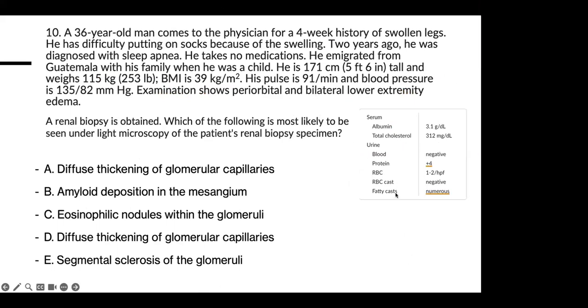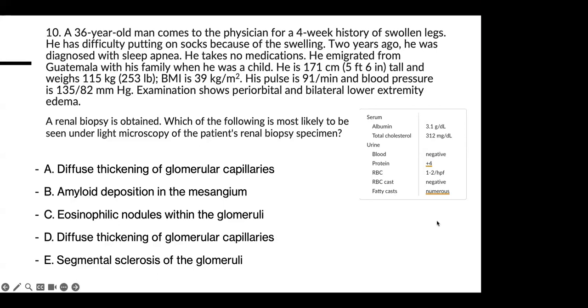A 36-year-old man comes to the physician with a 4-week history of swollen legs. He has difficulty putting on socks because of swelling. 2 years ago, he was diagnosed with sleep apnea. Takes no meds. He came from Guatemala, and he's 171 centimeters, 115 kilograms.